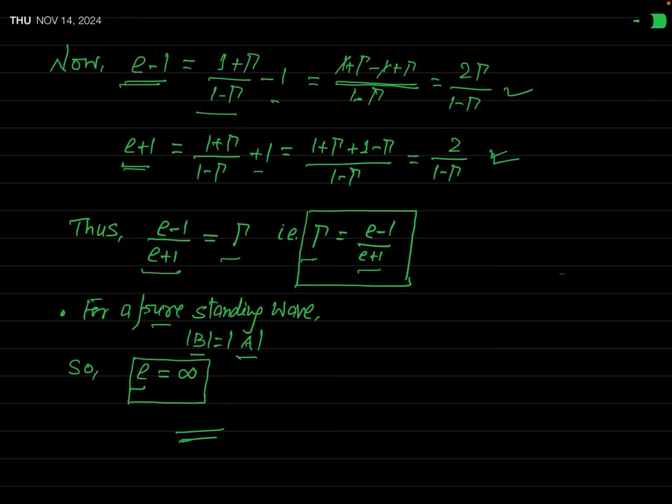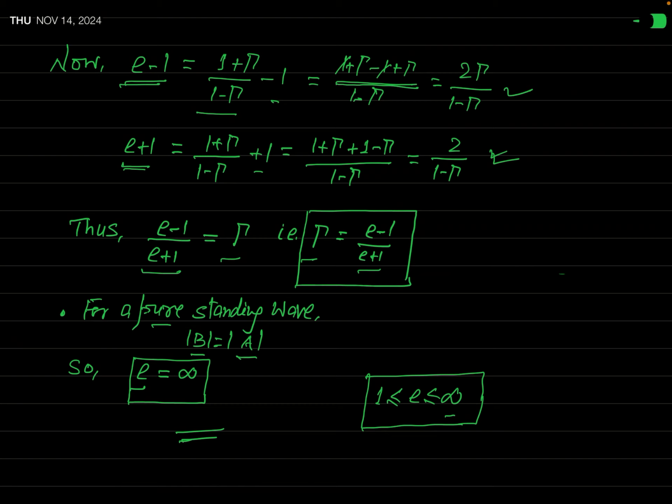In fact, the range of the value of e is this much: 1 is less than or equal to e, and e is less than or equal to infinity. It means the standing wave ratio is at least equal to 1, and its highest value is infinity.